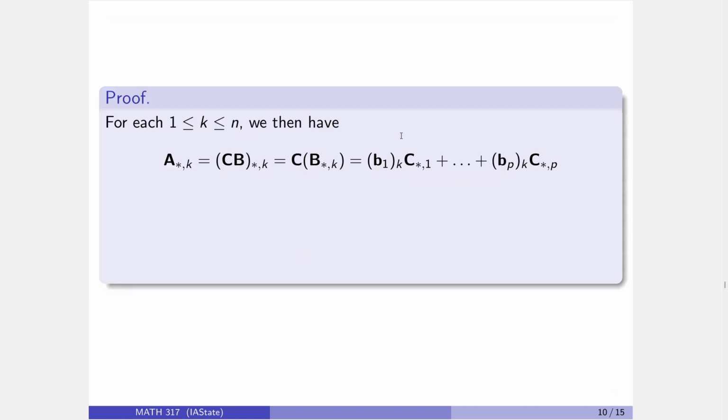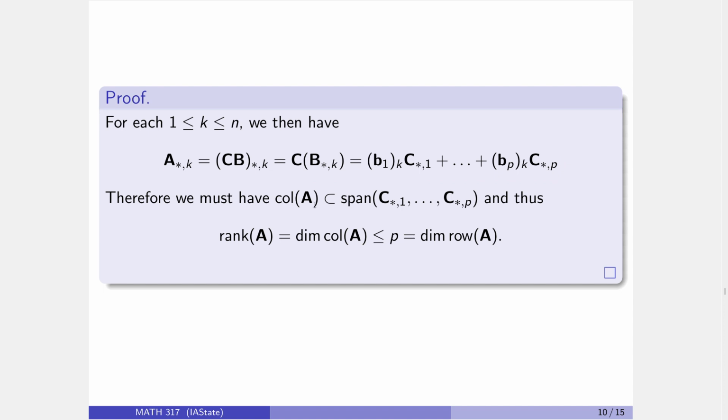If we look at the kth column of A, that's the kth column of C times B. The kth column of a product is the matrix C times the kth column of our matrix. Matrix multiplication times a vector is a linear combo of the columns of the matrix with the entries of the vector. This matrix was chosen so its entries were those B entries, and this means that the kth column of A is a linear combo of the columns of C.